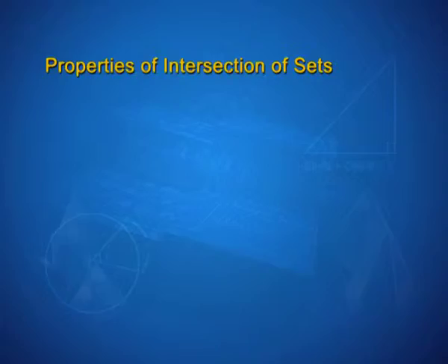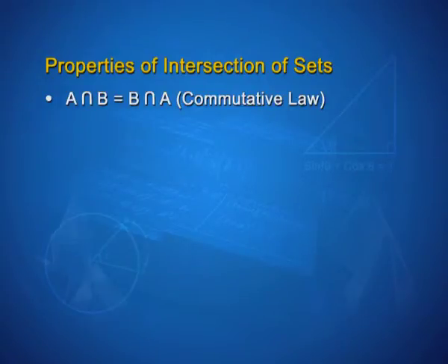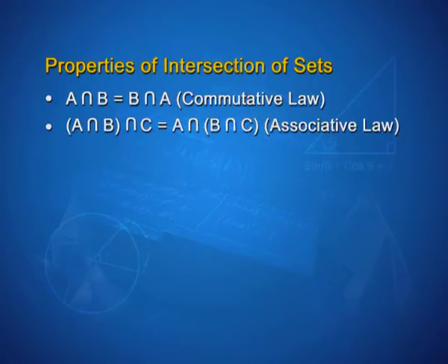Now, let us discuss some properties of intersection of sets. As we discussed in the union of sets, the first property here also states that A intersection B will be the same as B intersection A. This is called the commutative law. The second law is the associative law, which states that (A intersection B) intersection C will be the same as A intersection (B intersection C).